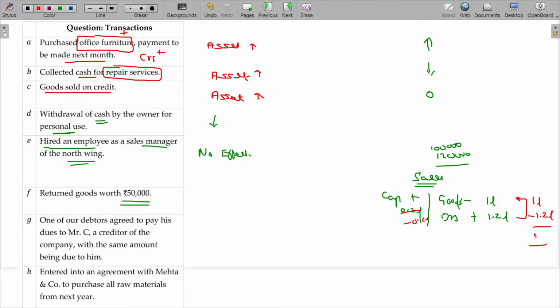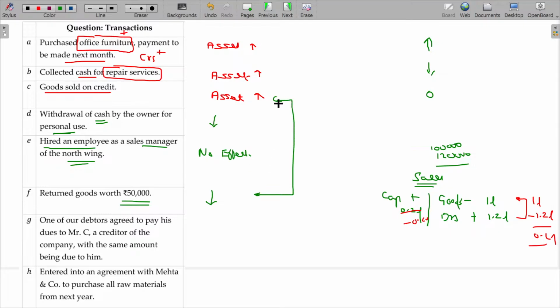Ultimately 0.2 lakhs will decrease your asset value, to the extent of the profit lost. A 50,000 rupee sale includes around 10,000 rupees profit. The moment he returns, the profit has gone. So to the extent of profit, the asset value will decrease. Decrease is the correct answer.